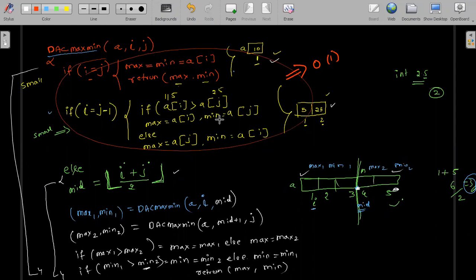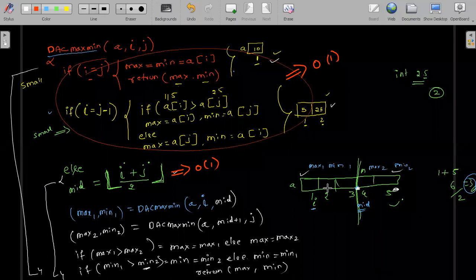Now here also, how many times do you do the division? Only one time, so here also same thing, big O of 1. But here you are dividing the array one time, and again you will divide if the array is still big. The left side is still big, so it will be divided once again.